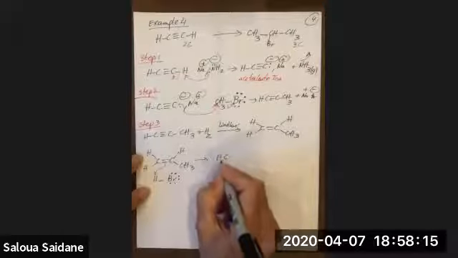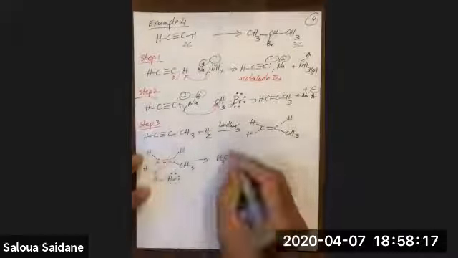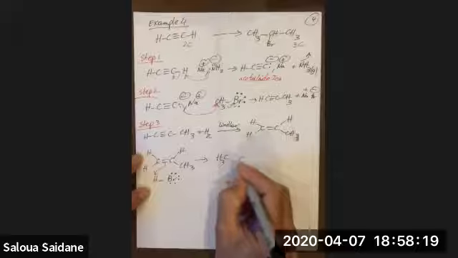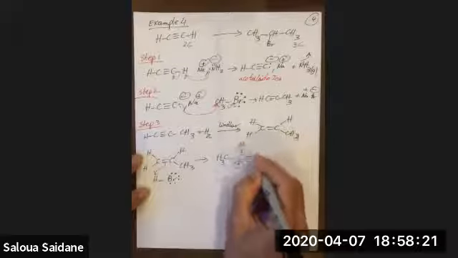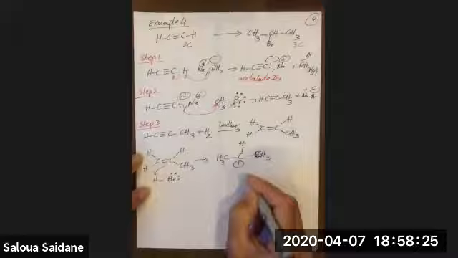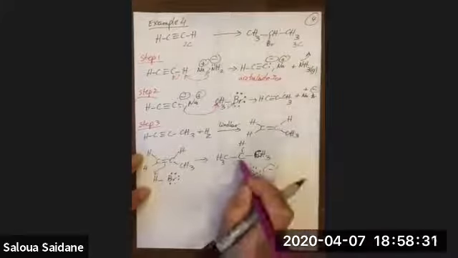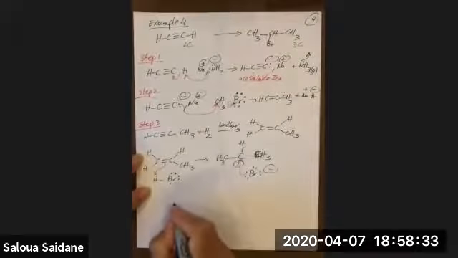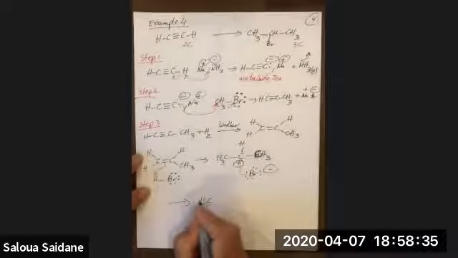So we're going to end up with CH3 here, the H with these 2, and then C plus, CH3. And now the Br minus will come, and then it will add here. And we end up with the product.